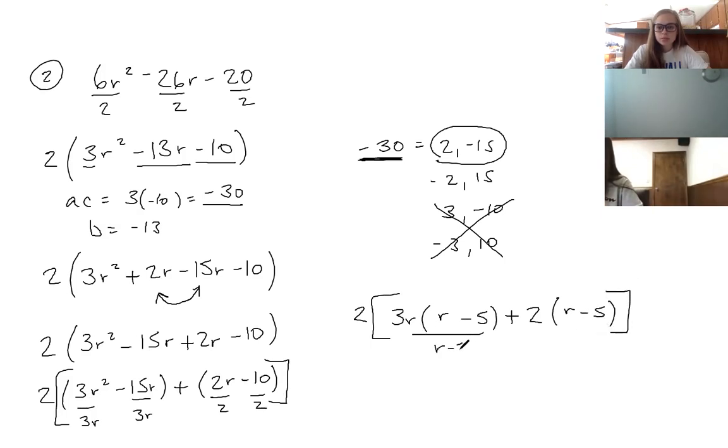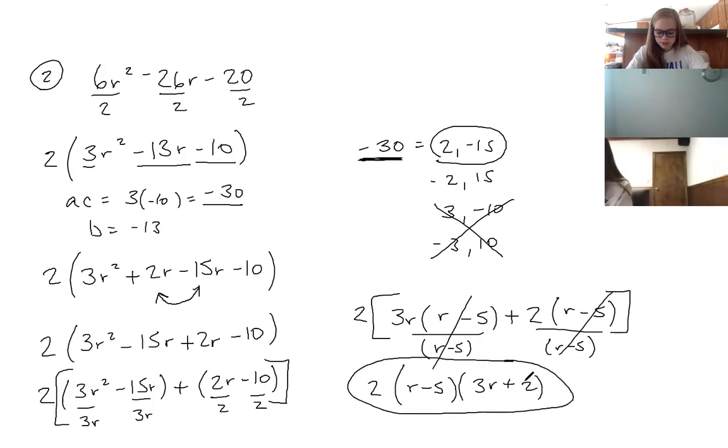Last step, I can pull out an r minus 5, and I'm left with 3r plus 2. And there is your final answer there for number 2. All right, any questions on number 2? Okay, hopefully this is a good review for you.